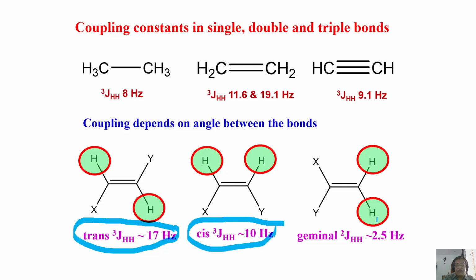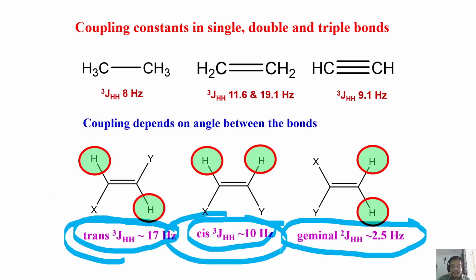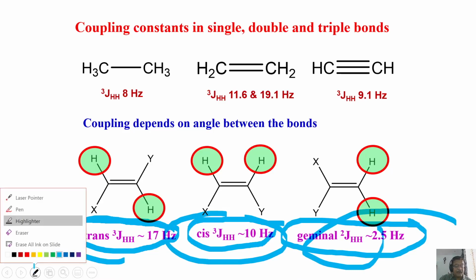And this is 2 bond coupling, called geminal, that is very small. Geminal couplings are generally much smaller. This point you must remember, this is very useful in analyzing many spectra. When you are analyzing the spectra, you will understand trans coupling is larger than cis, and cis is larger than geminal. That is a general trend which we come across.